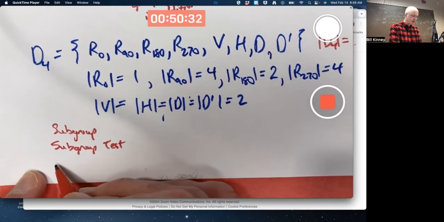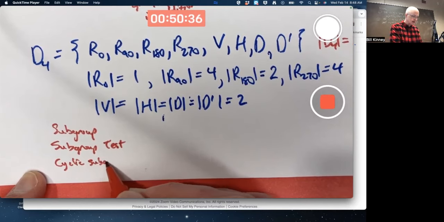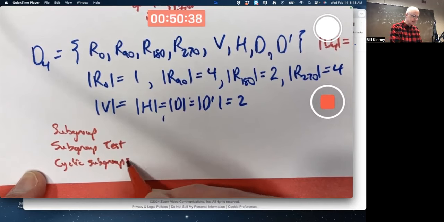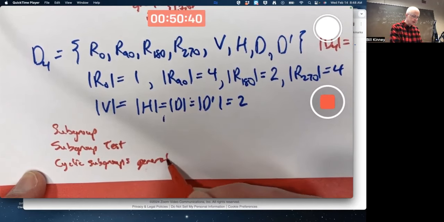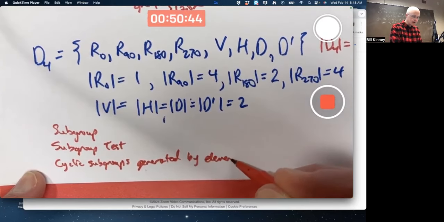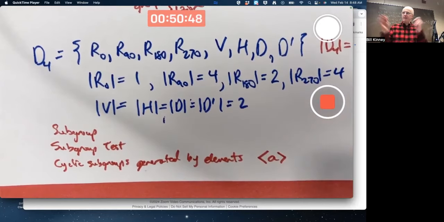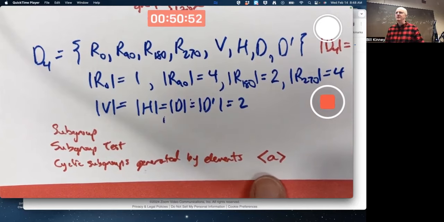You should also look for cyclic subgroups generated by elements. And this notation, an A with pointy brackets around it, is reminiscent of notation used for vectors in multivariable calculus, actually.